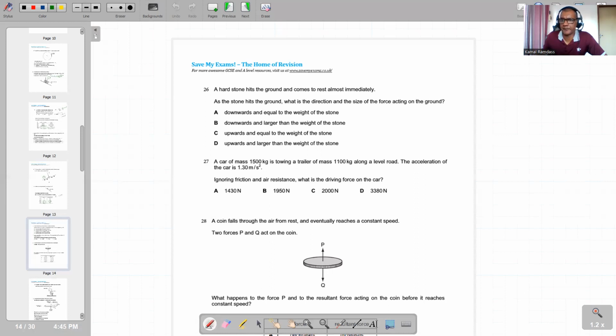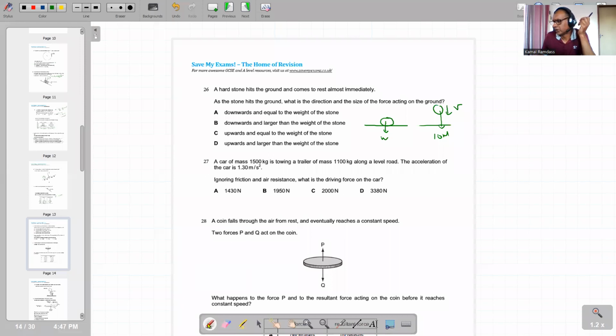Okay. And here there is a small trap. Definitely, the force cannot be upward. Upwards and equal to the weight, upwards and larger than the weight, it is not possible. Now, we compare here.